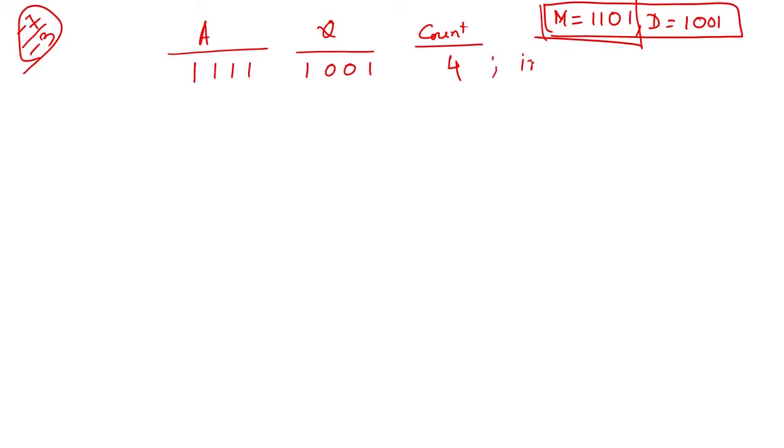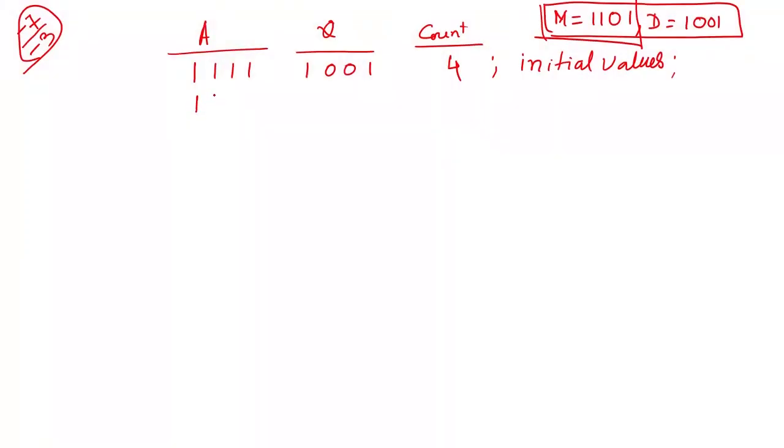These are the initial values. Next, after representation you have to shift left. So, shift left means it will be 1 1 1 1, this one will come here, this will be 0 0 1 0. Shift left AQ 1 bit.